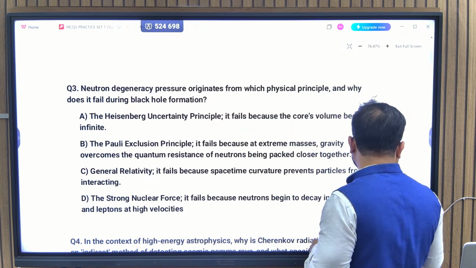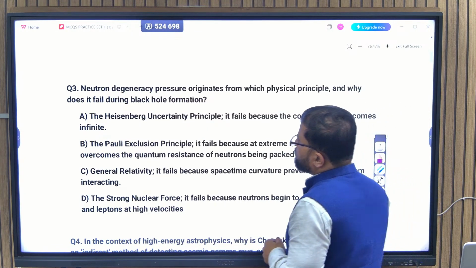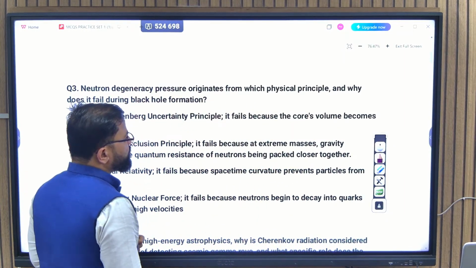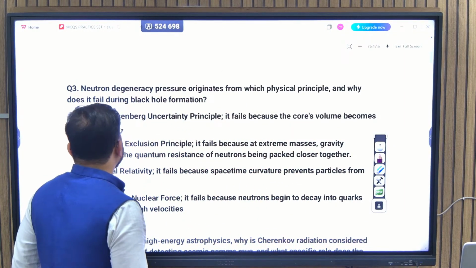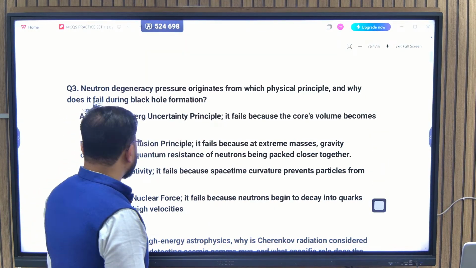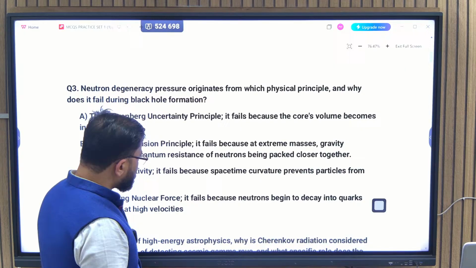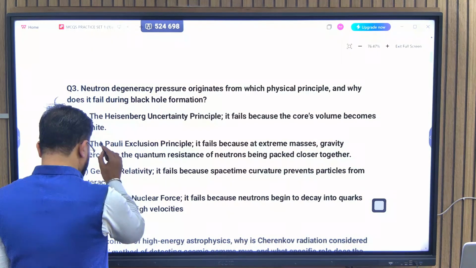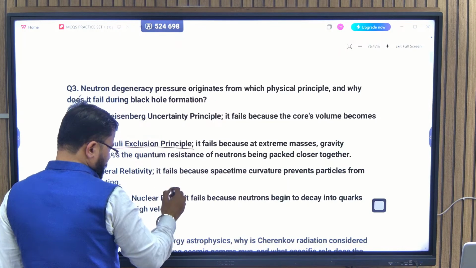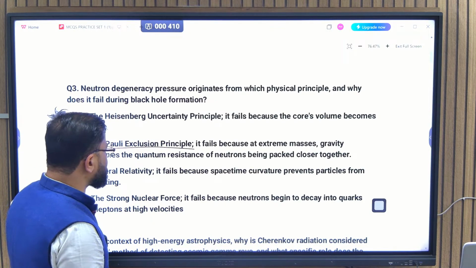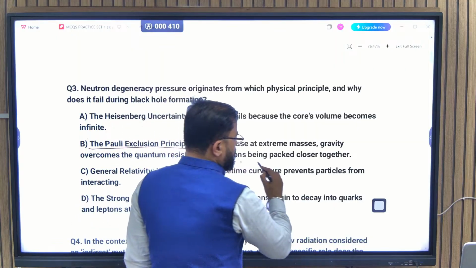Next question. Neutron degeneracy pressure originates from which physical principle, and why does it fail during black hole formation? A. The Heisenberg uncertainty principle, it fails because the core volume becomes infinite. B. The Pauli exclusion principle, it fails because at extreme masses, gravity overcomes the quantum resistance of the neutrons being packed closer together.